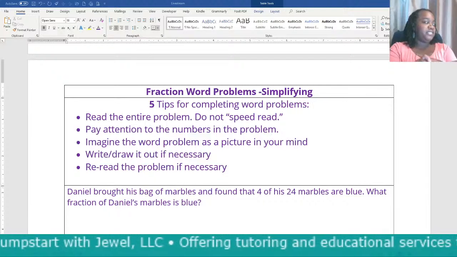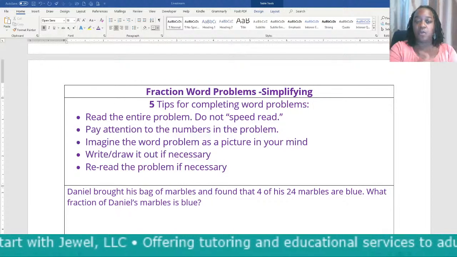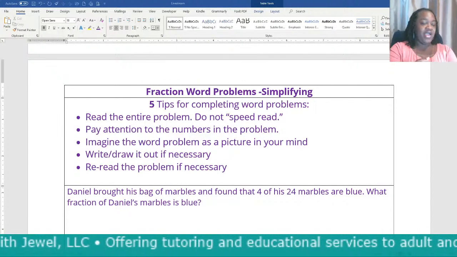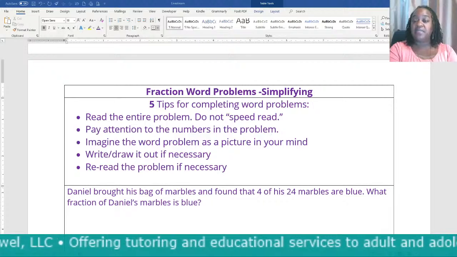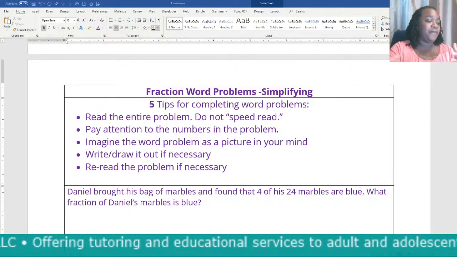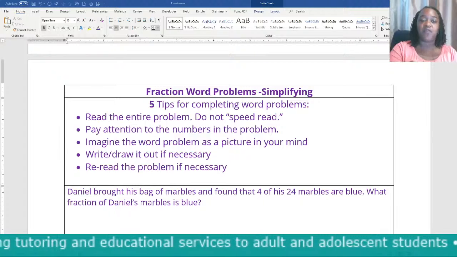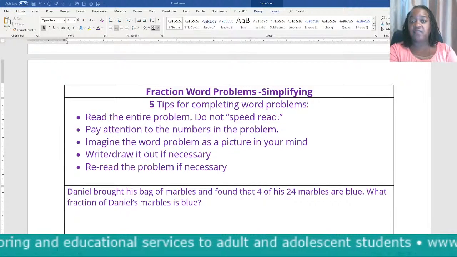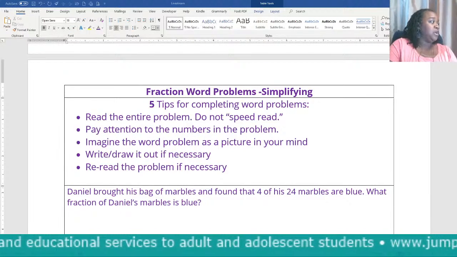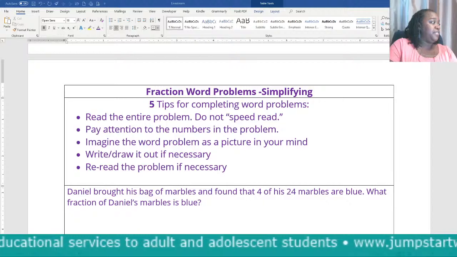What we're going over today is still fraction word problems, simplifying. This time we're going to be simplifying. If you know anything about fractions, if you've heard anything about fractions, reducing fractions, simplify to the lowest terms, it is the same thing.